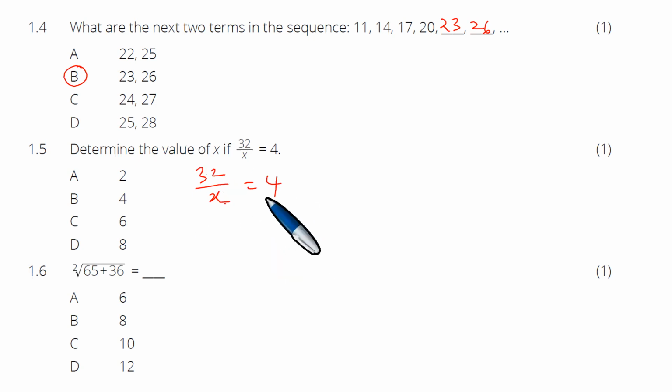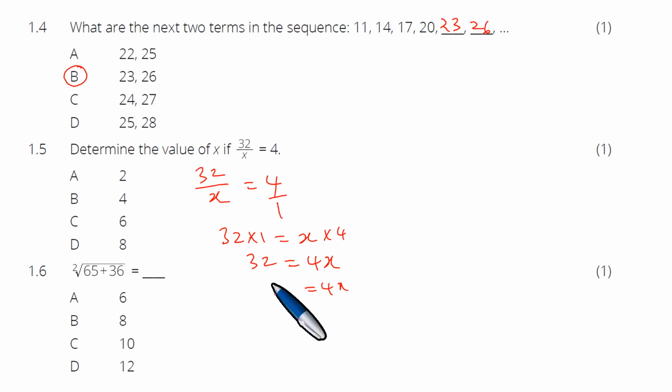So if you cross multiply, this 4 is like out of 1. So it becomes 32 times 1 is equal to x times 4. What is 32 times 1? It is 32 is equal to 4x. You want to get the value of x, so you divide by 4, which means x is 8.